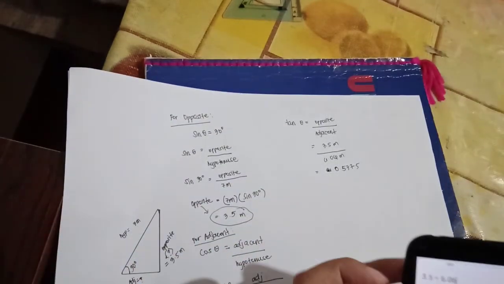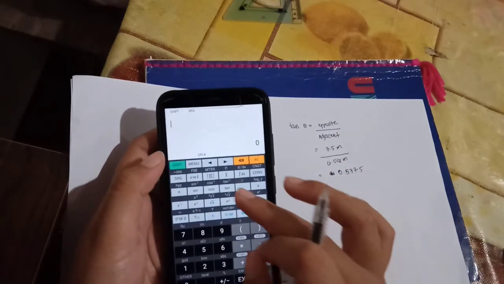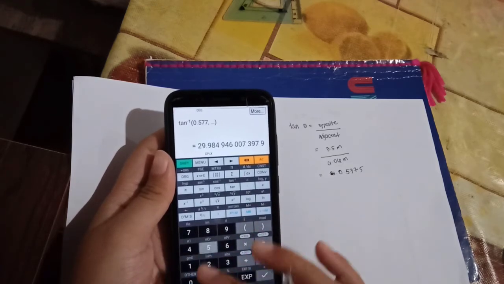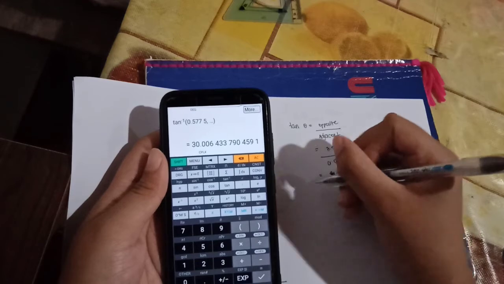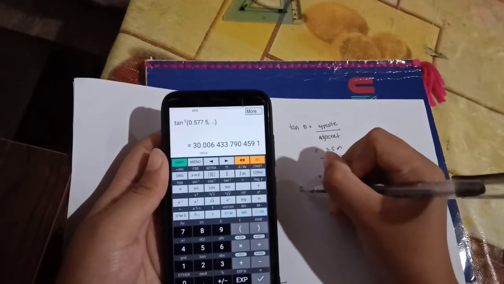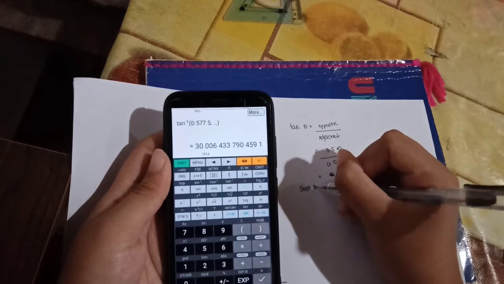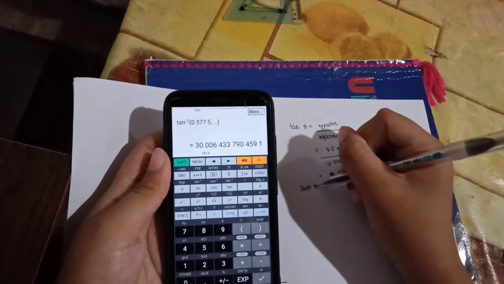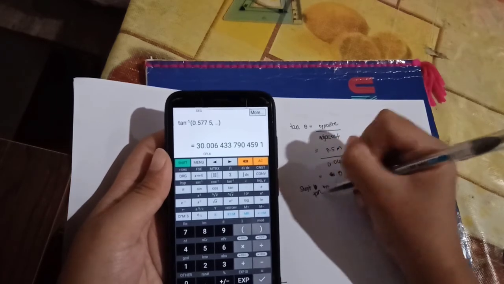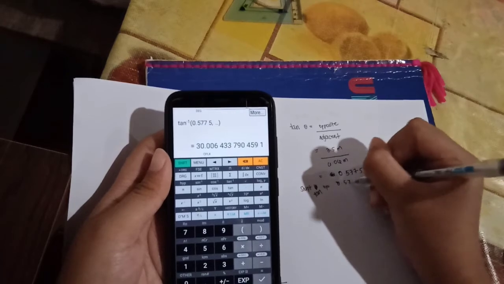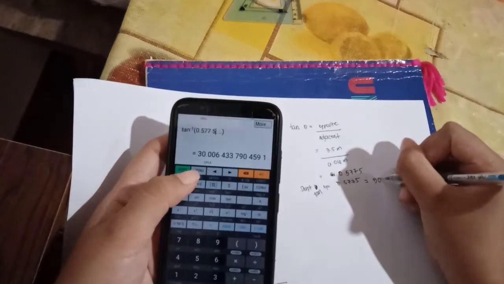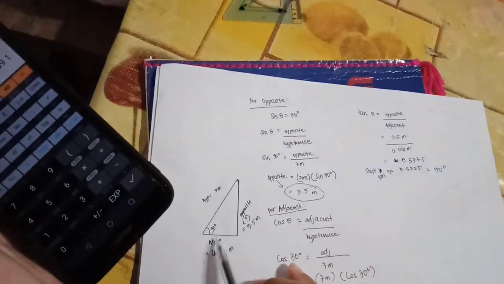And so shift tan inverse of 0.5775. That would be equal to 30. Yes, 30 degrees. So this is our 30 degrees here. That's all.